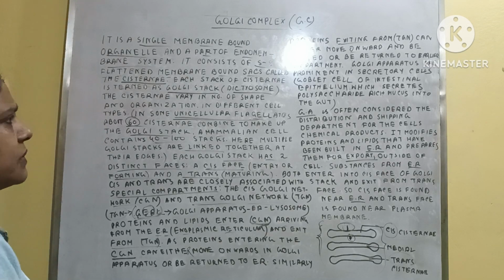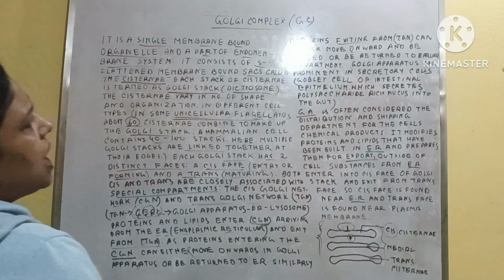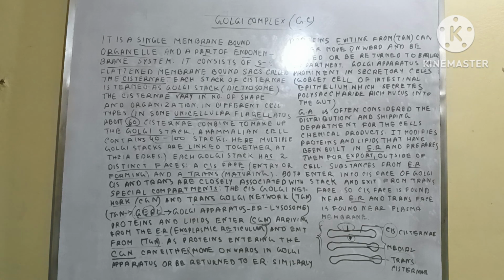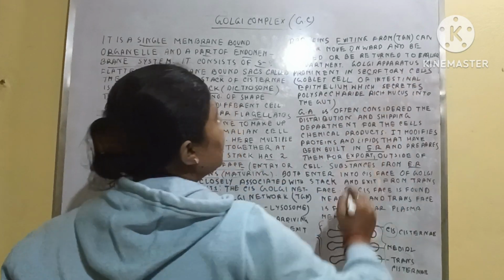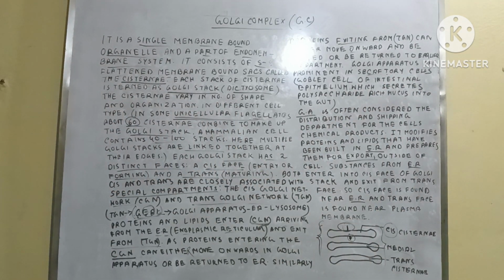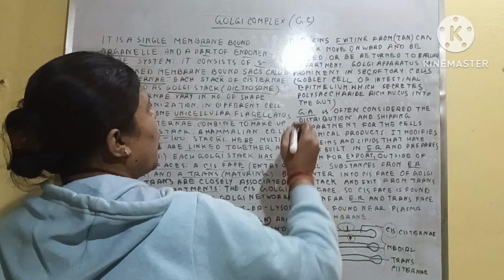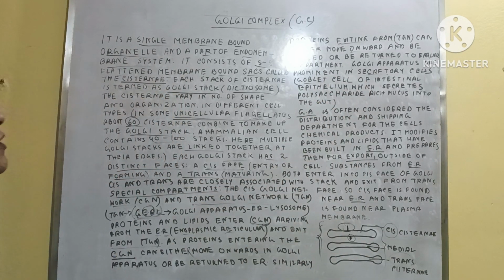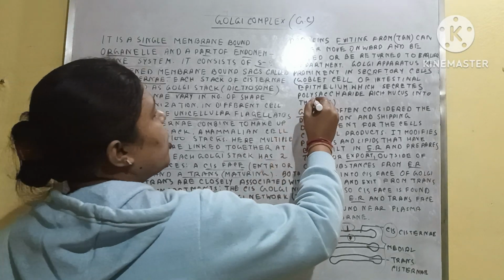Golgi apparatus are prominent in secretory cells. Generally, in cells which are secretory, that means they secrete substances, the Golgi apparatus is an important organelle. An example is the goblet cell of the intestinal epithelium, which secretes polysaccharides.